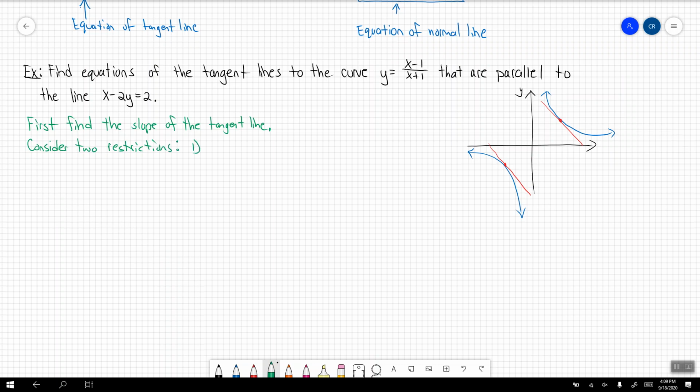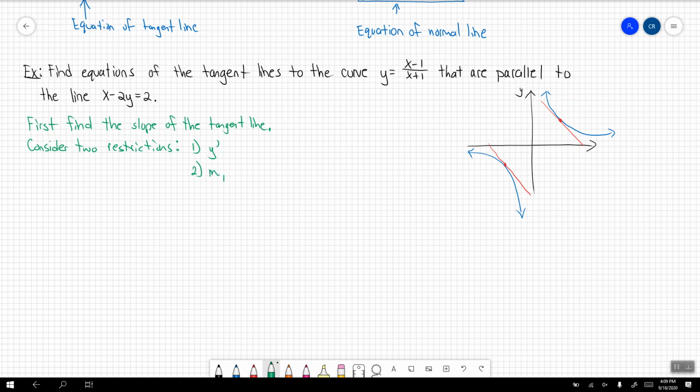Number one, we need to find y prime. Y prime is going to give us that slope. However, the second item that we also need to consider is that the slope of the tangent line that we are working with needs to be parallel to the line that was given.